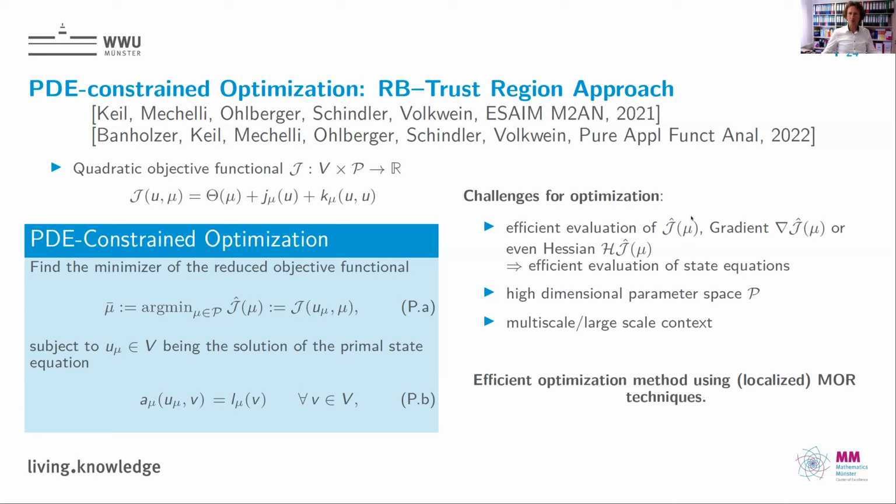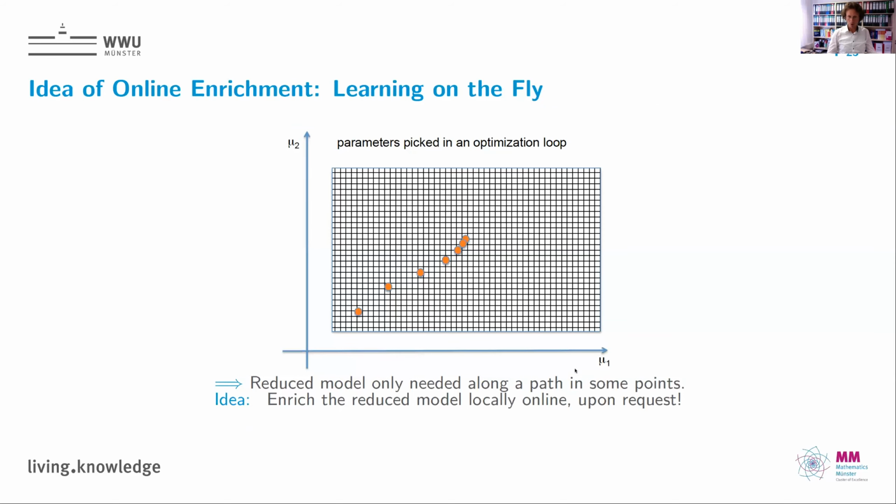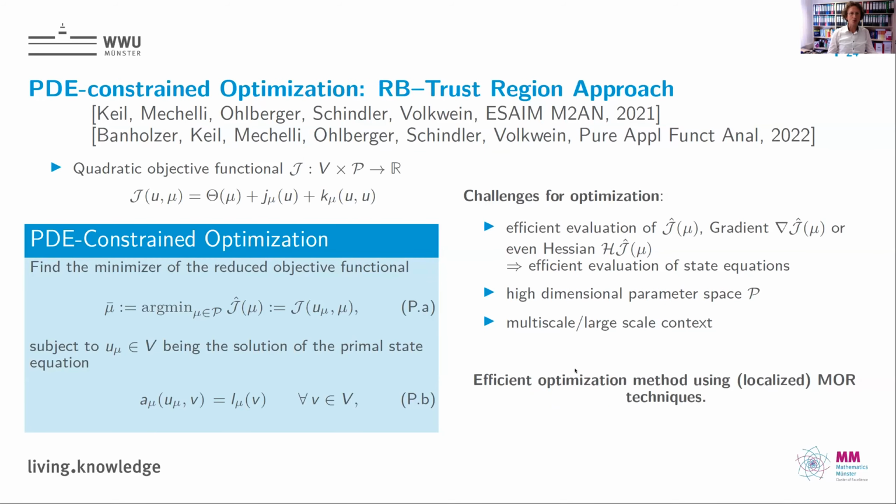And the target is, of course, in order to compute these values of the objective functional, you need a lot of forward solutions of the underlying PDE, which makes this task so computationally expensive. Even more expensive if you go to real large-scale or multi-scale problems, where already one of the solves with classical full-order models is already a challenge.